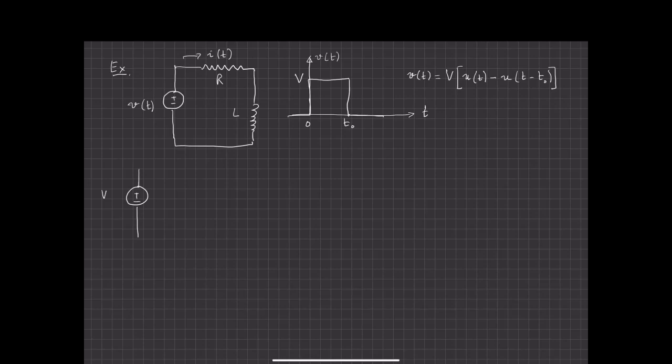This is v u of t, this is plus minus, and then this is minus v u of t minus t naught.